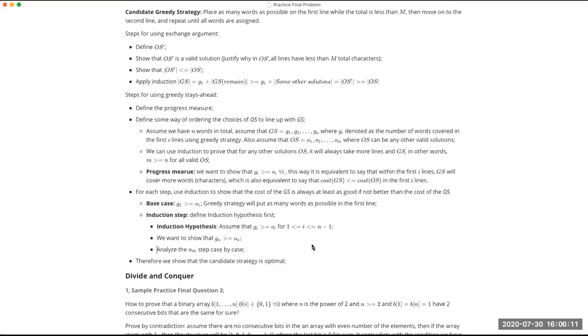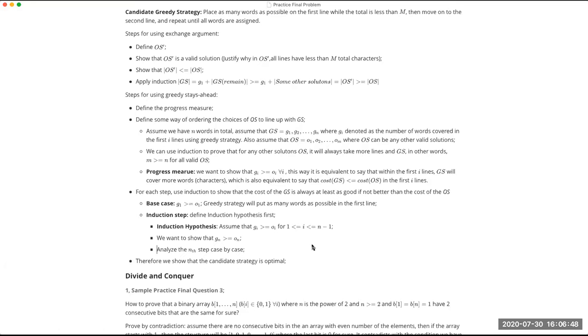And if G(n) hasn't covered all the points, then by our greedy strategy, we will cover as many words as possible in the nth line, while O(n) basically covers using other strategies. So G(n) will still cover more points than O(n). We analyze the nth step case by case.